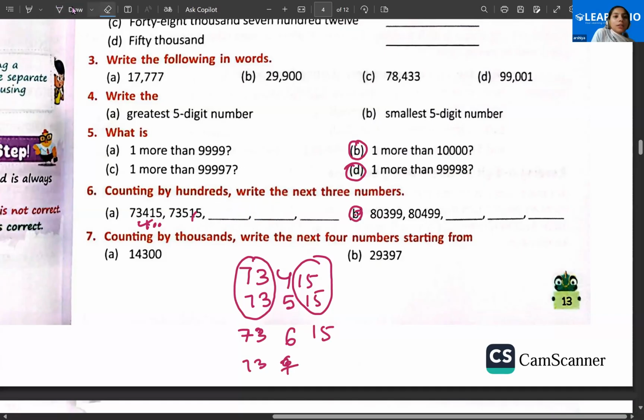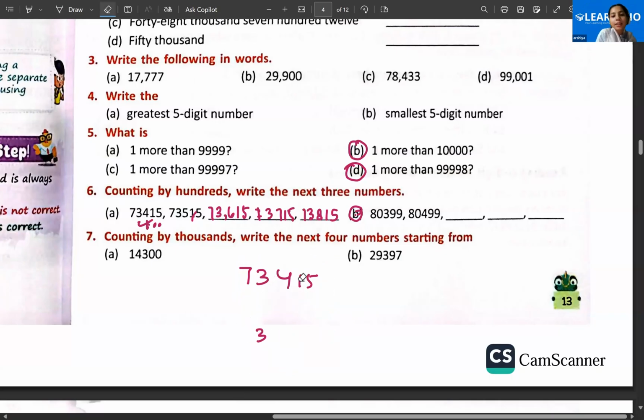Yeah. Next one. 73,815. Correct. Clear? Yes.